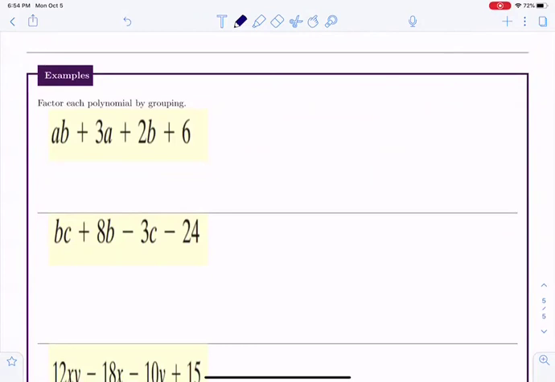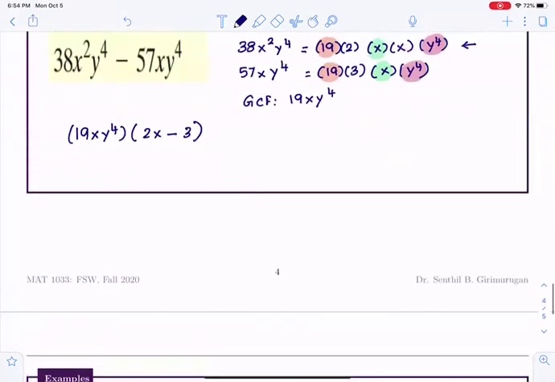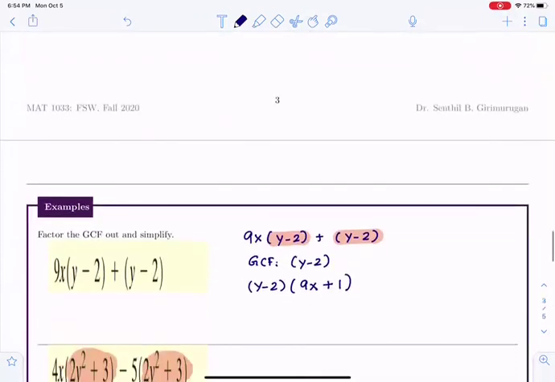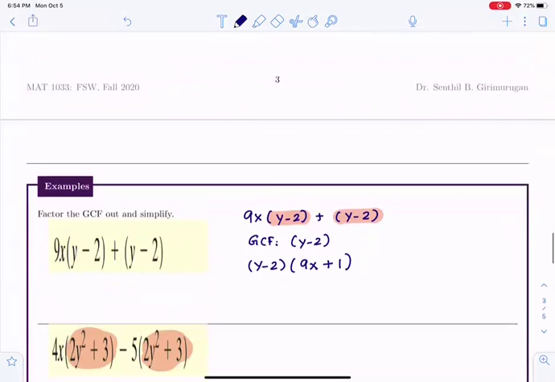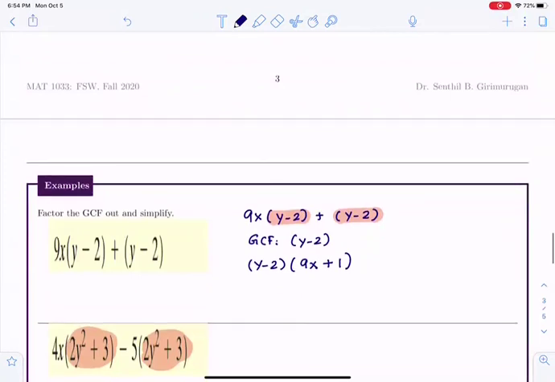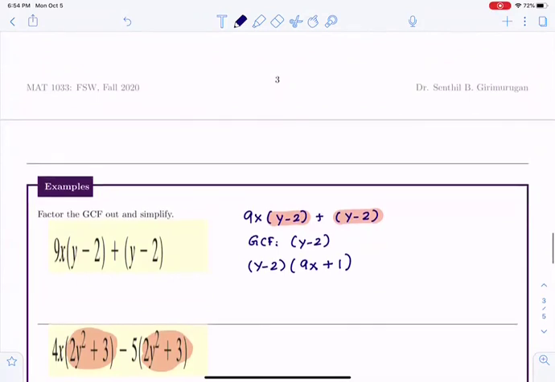So the last topic here is the concept of grouping. Grouping is done first by gathering terms so that we write it in this form, which was easy, because the moment I have it written in this form, then I can immediately recognize, hey, the GCF is y minus 2.